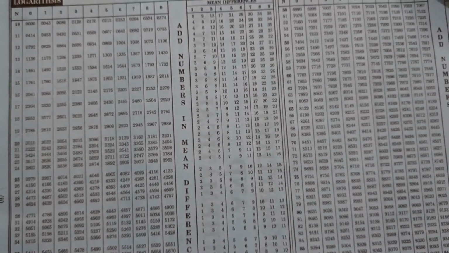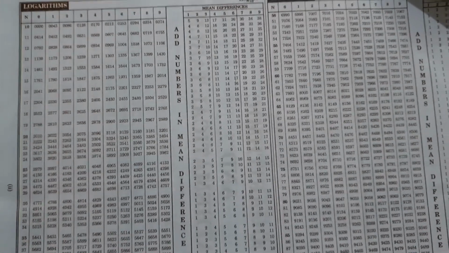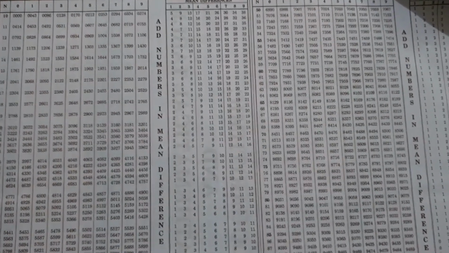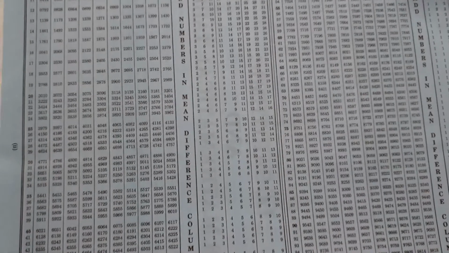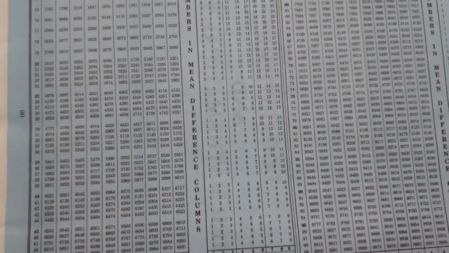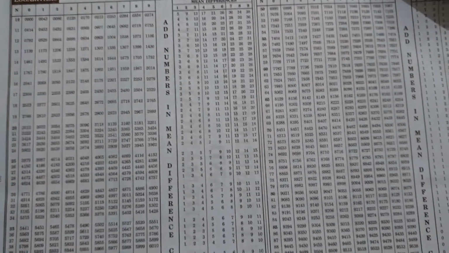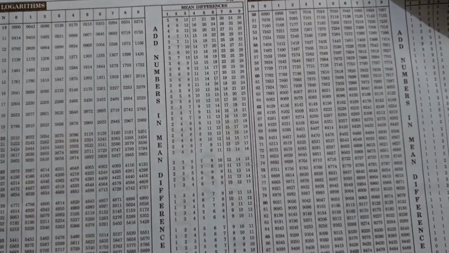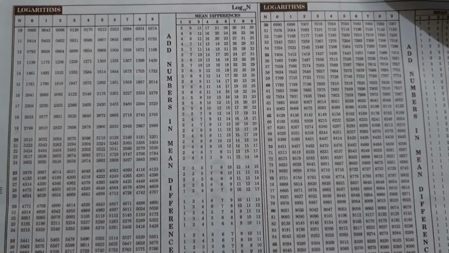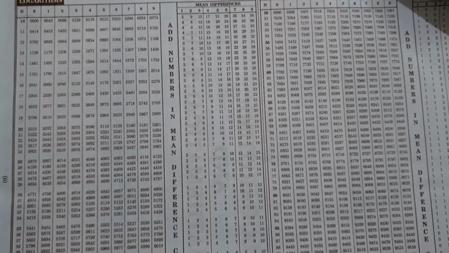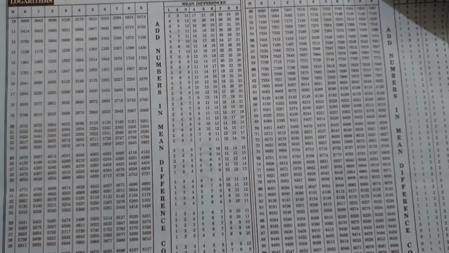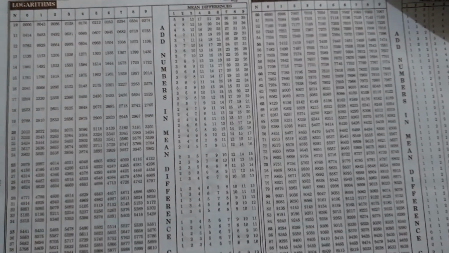For finding the mantissa, everyone buy this log table. It is easily available in stores. It is useful for finding the mantissa, because every time it is not possible to give all the values. Everyone understand how it is?